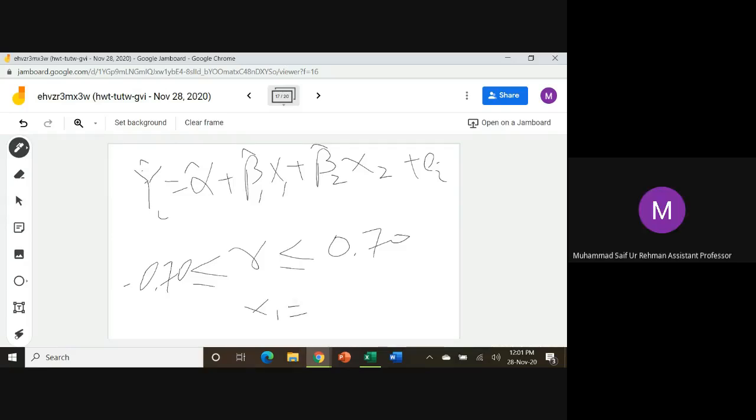Let us say you regress x1 on alpha plus beta x2. Then you will be able to find out the correlation coefficient. If the correlation coefficient is between minus 0.70 and positive 0.70, then you will say that the multicollinearity issue is not that severe, so we can retain the explanatory variables in the model. There is no problem.